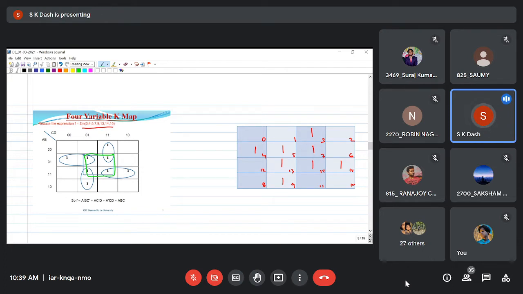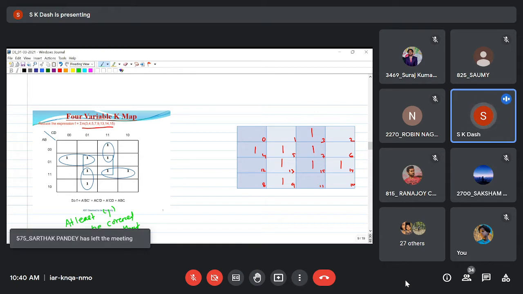Now, in the 3 variable K-map, we discussed essential combinations. Which combinations are said to be essential? If using any combination, at least a single one is present which can be covered only using that particular combination, then that combination is said to be essential.